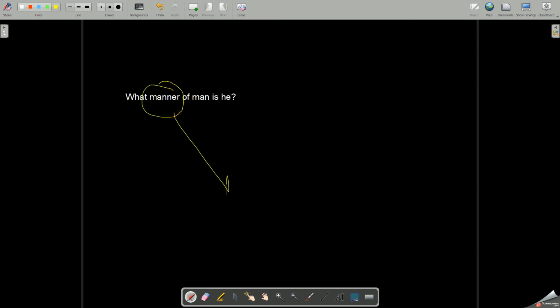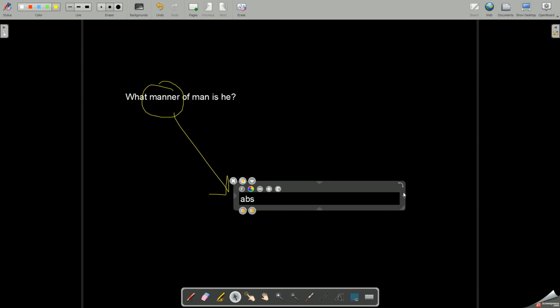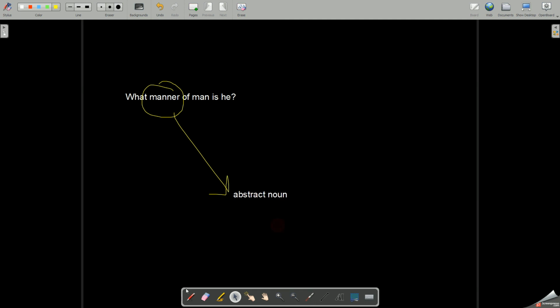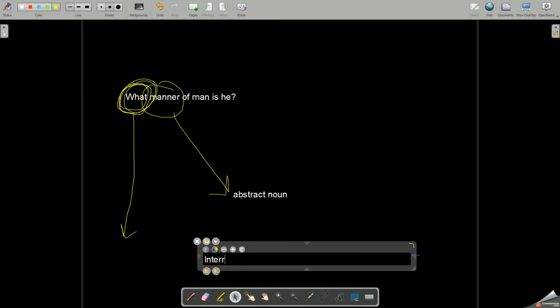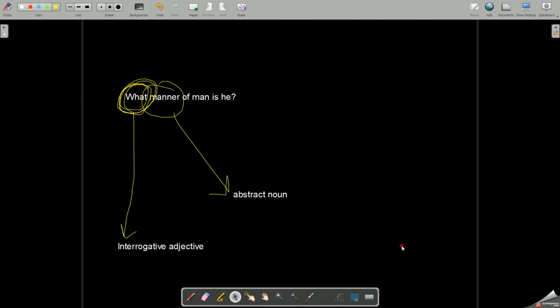It is an abstract noun. And what is used to describe the abstract noun? What manner? A question is being asked. So this becomes your interrogative adjective.